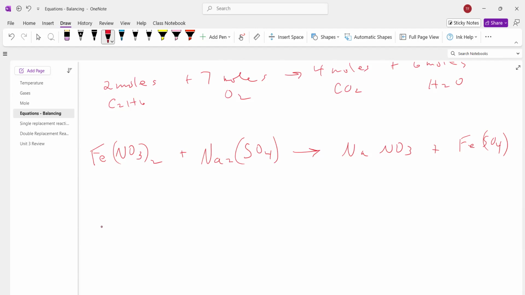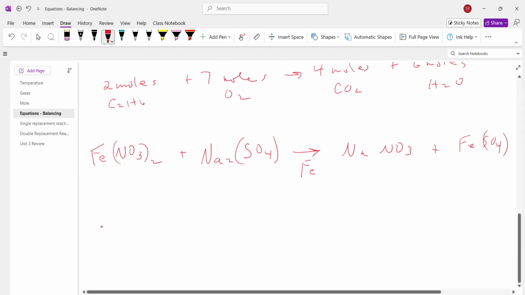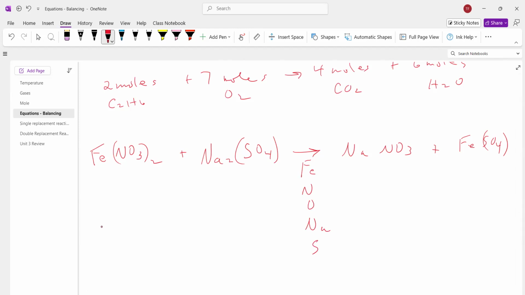Okay, so first thing we're going to do is do our inventory. So we have iron, nitrogen, oxygen, sodium, sulfate. Now this ends up being complicated, one, because we've got lots of different atoms there.